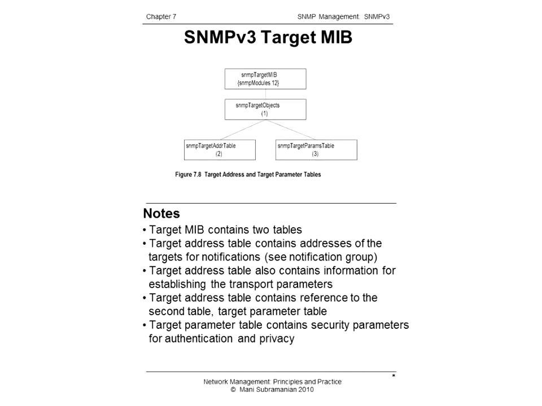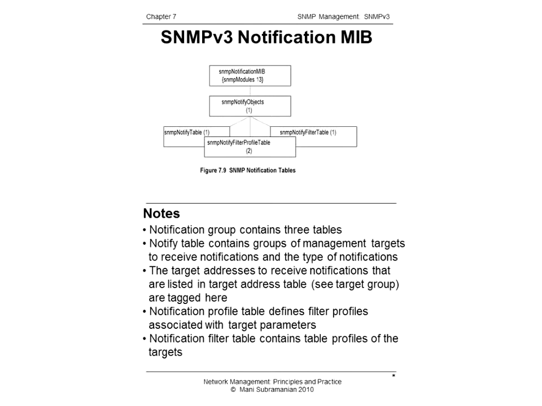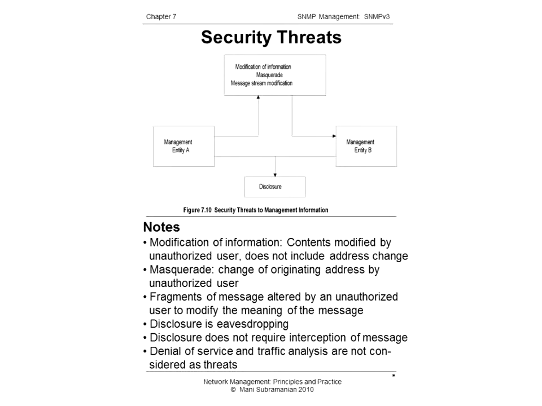Now let's see SNMP V3 target MIB. This is SNMP V3 notification MIB.